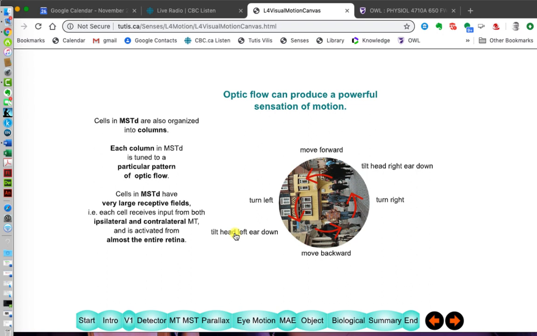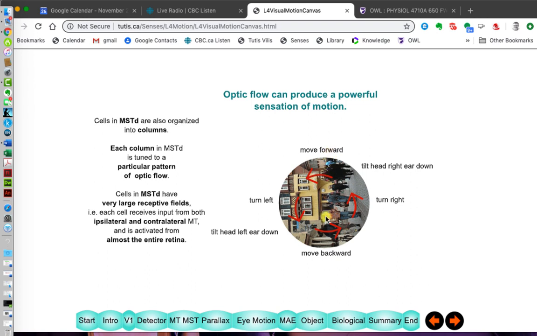So different combinations of these, and so you have columns in MSTD, and within each one, you have cells that prefer that particular pattern. The other thing you can see here is that in order to determine that it's this pattern, it's a good idea to get information from the entire eye.